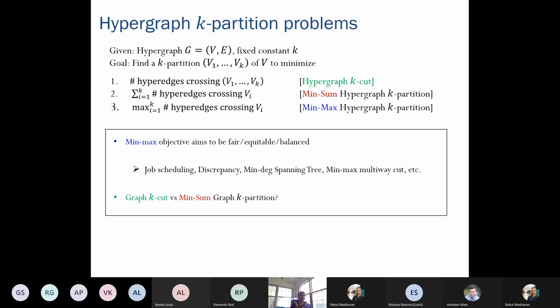Second remark, the min-max objective, the third objective here, min-max hypergraph K partition. In a sense, it aims to find a fair or equitable K partition where no part pays too much in cut value.